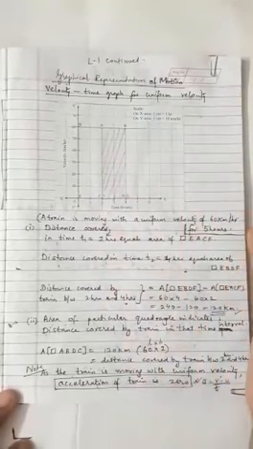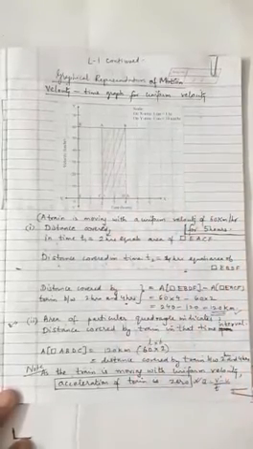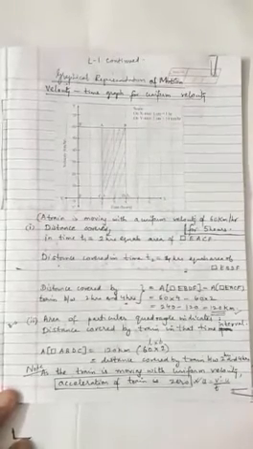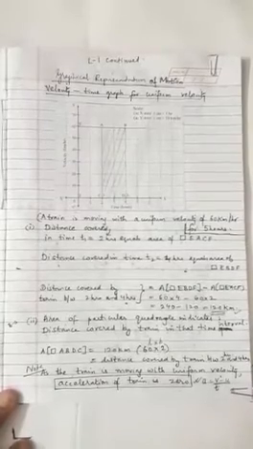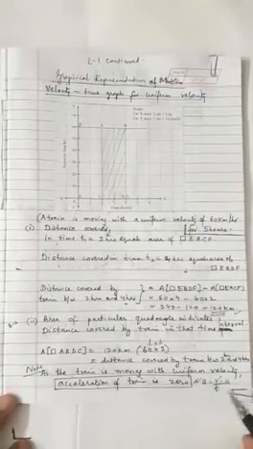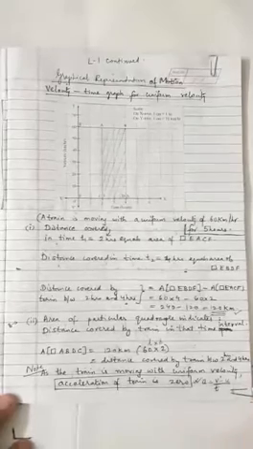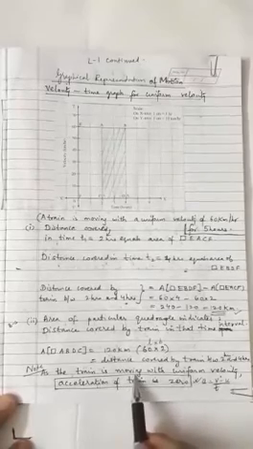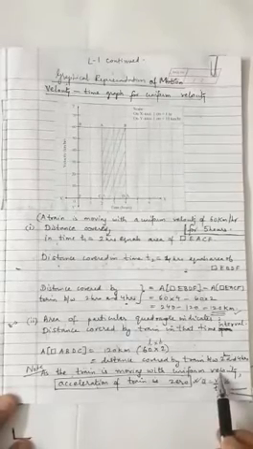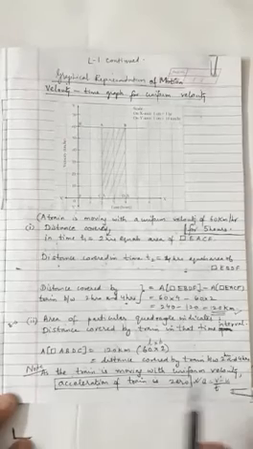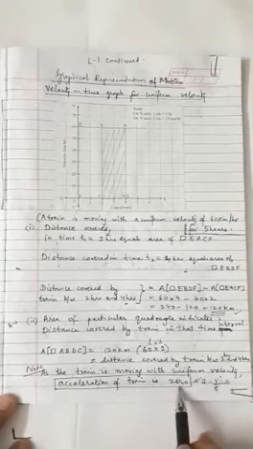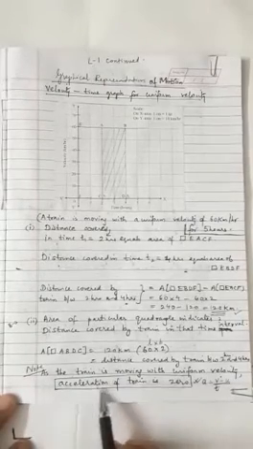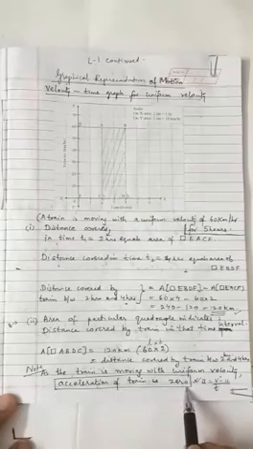Since the velocity is uniform, you will get v minus u as 0. 60 minus 60 will give you 0, and 0 by t is again 0. So remember, as the train is moving with uniform velocity, there is no change in velocity. The acceleration of the train is 0.